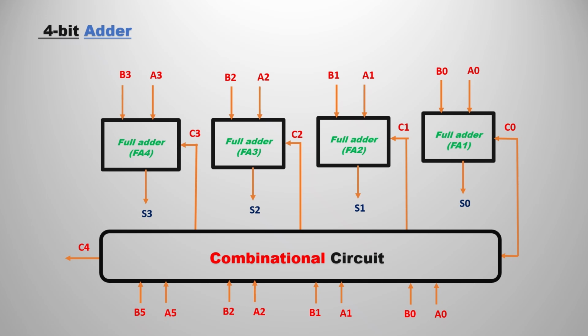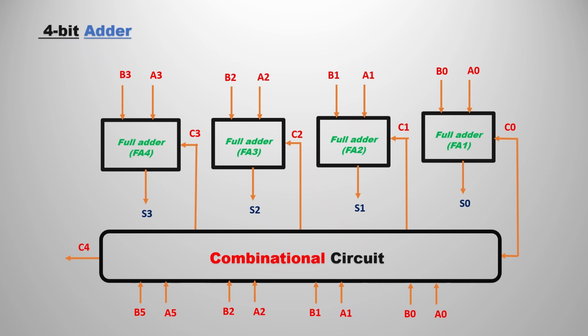So what if a combinational circuit can produce the carries automatically? It is very efficient, much faster compared to the ripple carry adder, because the carries are generated in the combinational circuit and can be utilized by the full adders instantly, so they can produce the sums instantly.